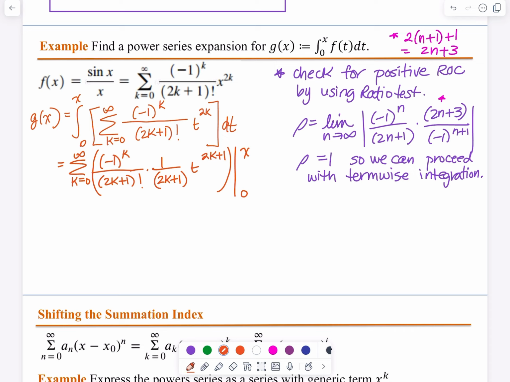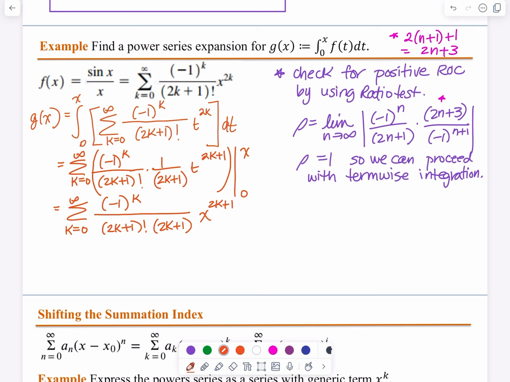So plugging x into that expression, we have the sum from k equals 0 to infinity of negative 1 to the k divided by 2k plus 1 factorial multiplied by 2k plus 1 all times x to the 2k plus 1 power.